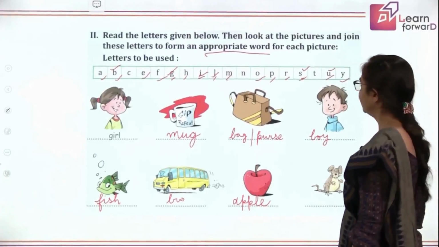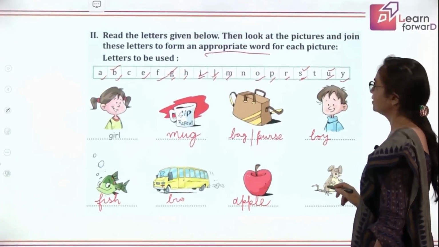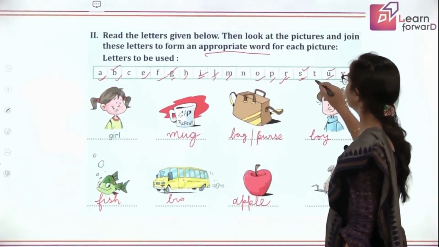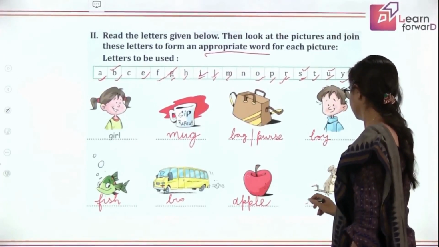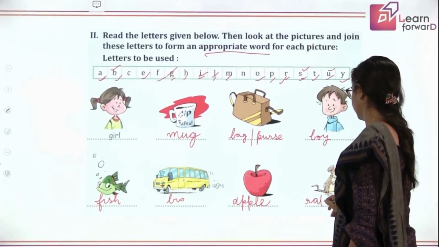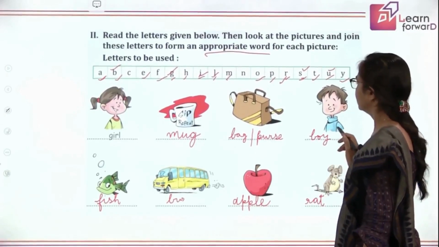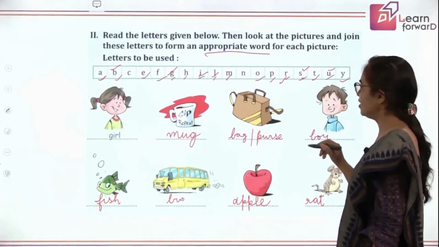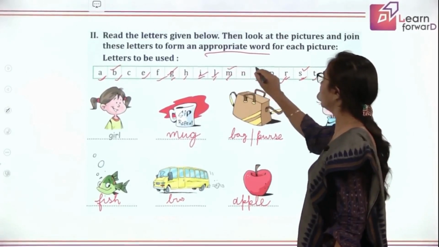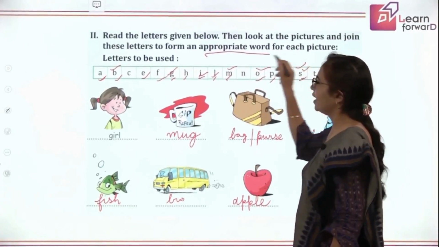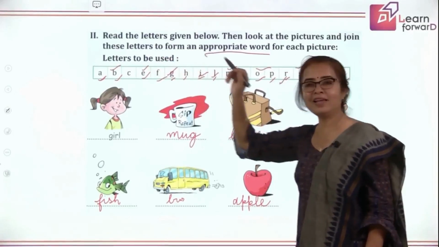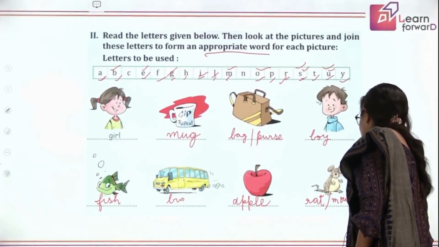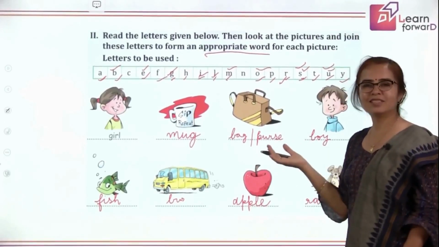Next is the, yes, that is a rat. R A T. So you mean to say that is a mouse also? Let's see if we can get that spelling. M-O-U-S-E. That's brilliant. You could get that word also. So you have a choice here to write a rat or a mouse.